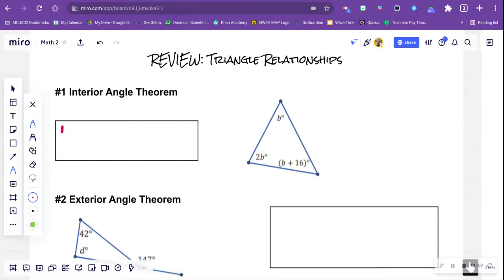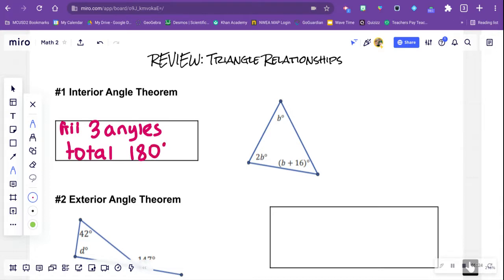So let's write that down. And I would encourage you guys to write these down as well in words. All 3 angles are going to total 180 degrees.